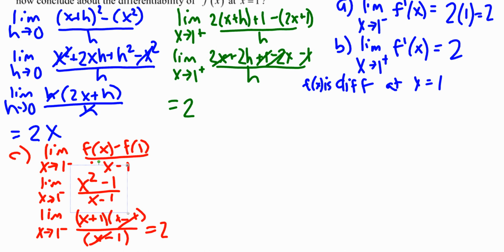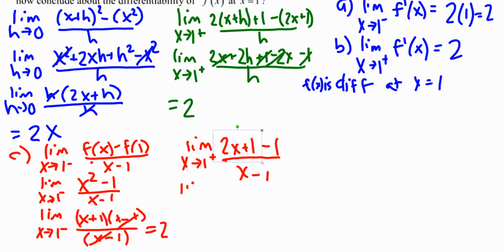Alright, so now let's do the other side. The limit as x approaches 1 from the right. F of x this time is 2x plus 1 minus f of 1, which is still going to be 1, over x minus 1. So on this side, we get 2x over x minus 1.